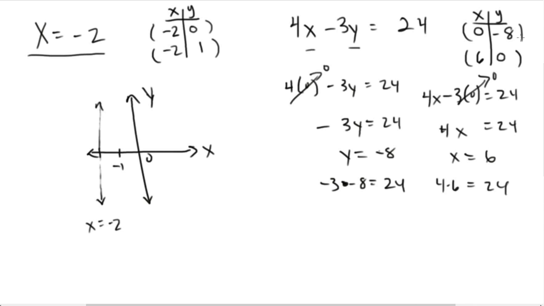And you see, you want to always look for opportunities and ways to make these problems go quickly and smoothly. So whenever you're making a table of values, I'm always going for my zeros, I'm going for my ones. And sometimes it depends. If you have a fraction of 1/3, then you want to go for 3 so that you can cancel those 3s.